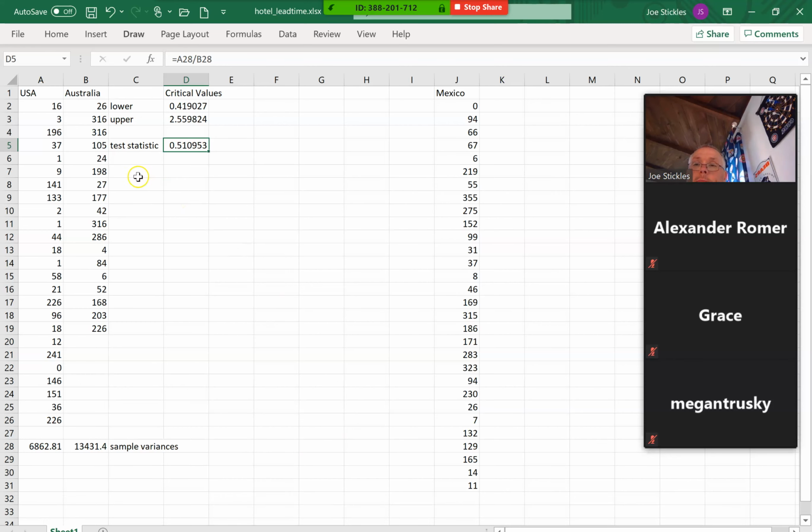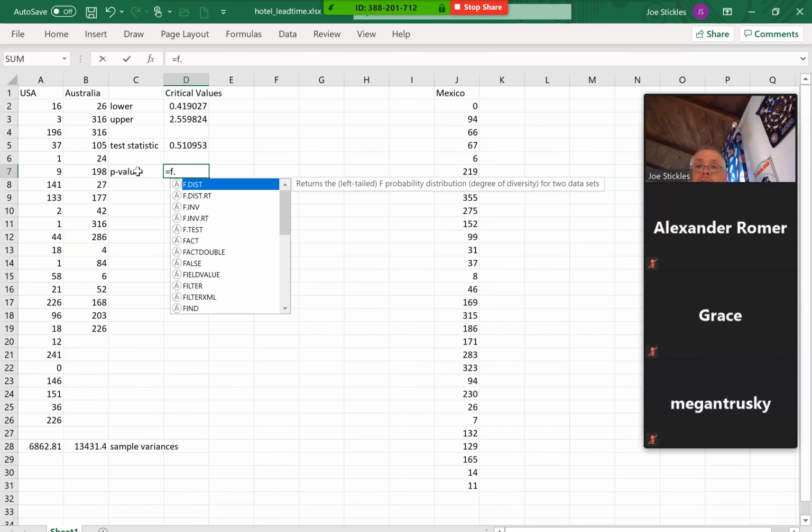If you wanted to do a p-value with this, we will use the F.DIST command. This test statistic is below 1, so I would want to know the probability that you are below that value, and then we would need to double it, because remember we're doing a two-tailed test here.